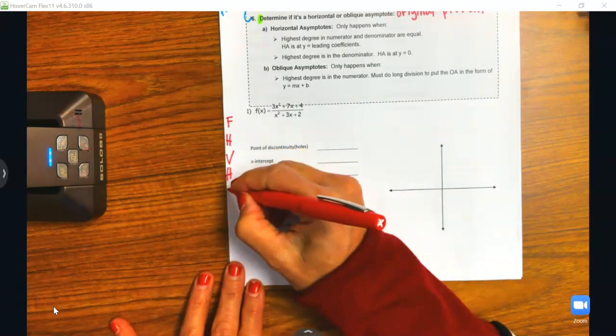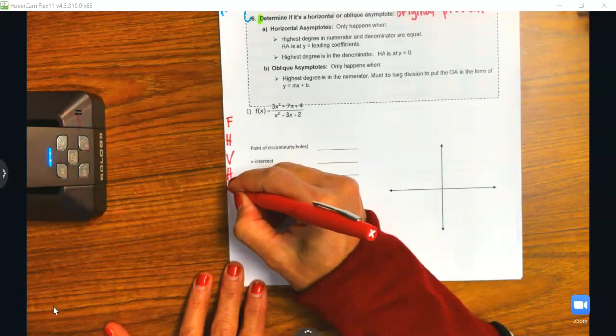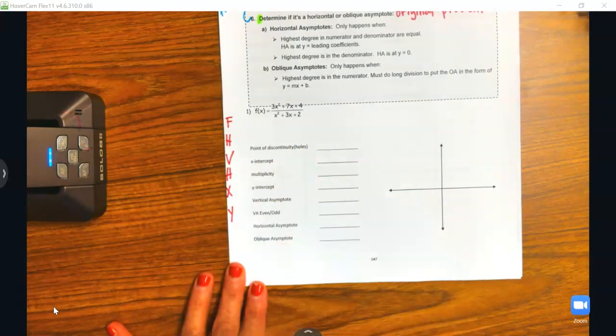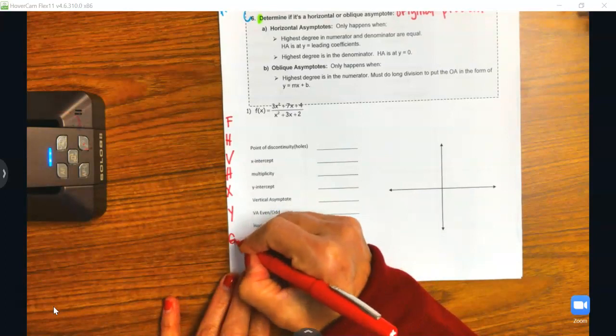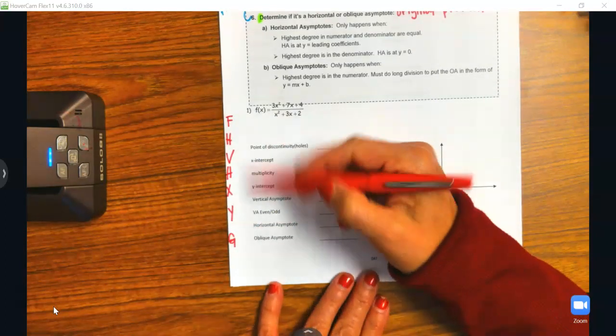After that, we find the x-intercepts, then the y-intercepts, and then we're ready to graph. So this is always the order. It looks a little crazy, I know, but if you can remember it, it's just going to make these very seamless for you. You won't get hung up on anything.